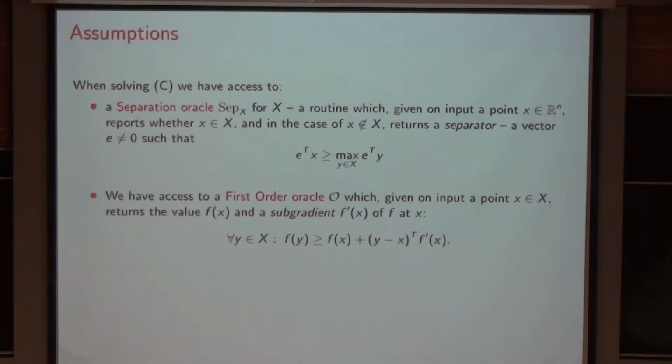And we also need the first order oracle for the function f, for the objective. If we choose a point x inside this set, then the first order oracle provides us the information about the subgradient. If you don't know what the subgradient is, just think of the plain gradient of the objective.